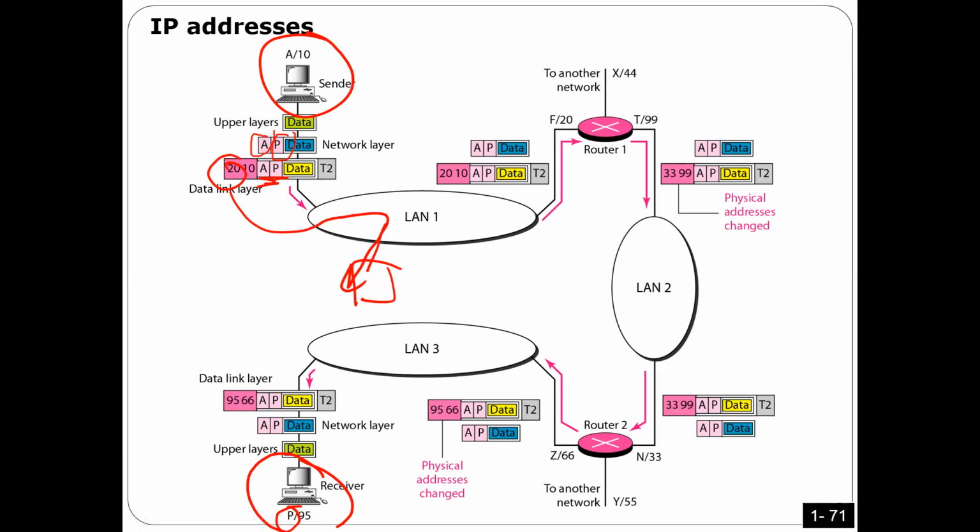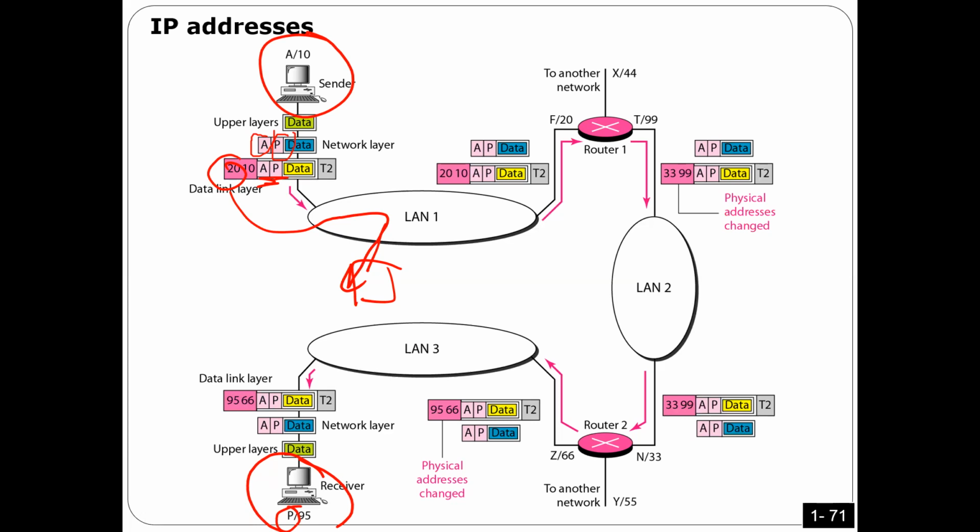I look at the IP, which is P. If P is one of the computers in this LAN, I get it delivered to this computer by using its MAC. If it is not in this LAN, I send it to the router to take care of it. So I need to decide now: is this computer one of the computers in my LAN or not? If not, send it to the router and it will take care of it.